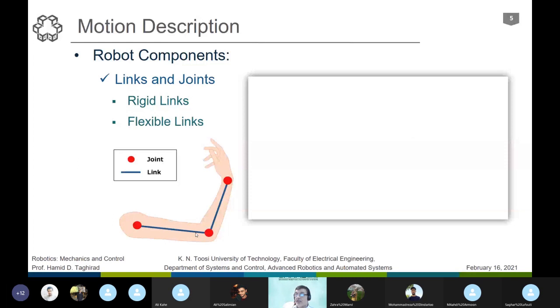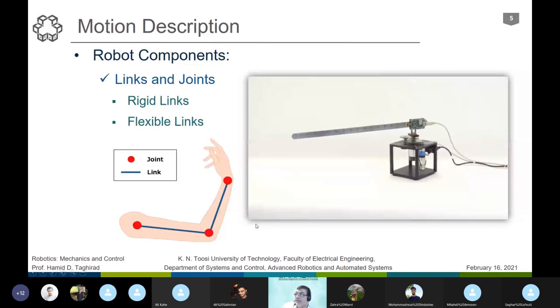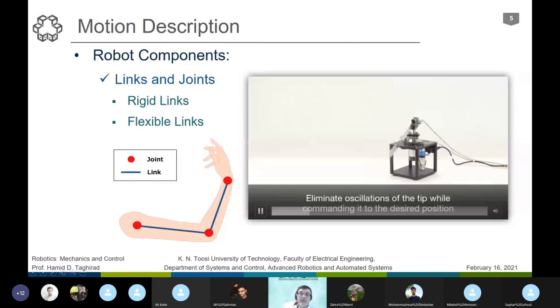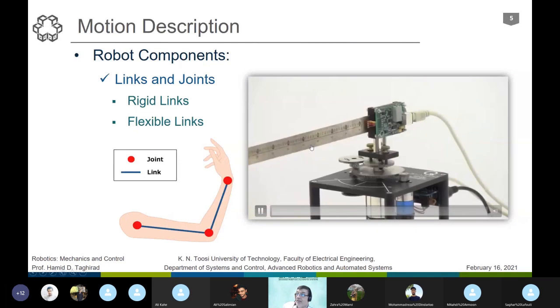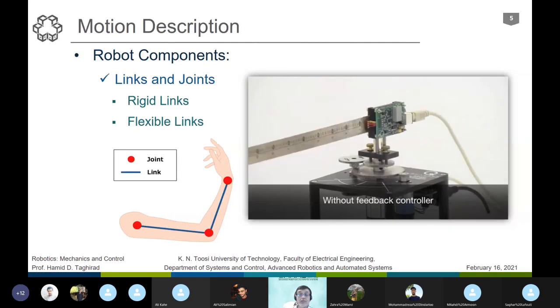But the links and joints both can be rigid or flexible. Let me show you some flexible links as well. As you see here, we have only one link and one joint. The joint is rotational and the link is very tall and thin. That makes it somehow a flexible joint. And flexibility provides us with some benefits.